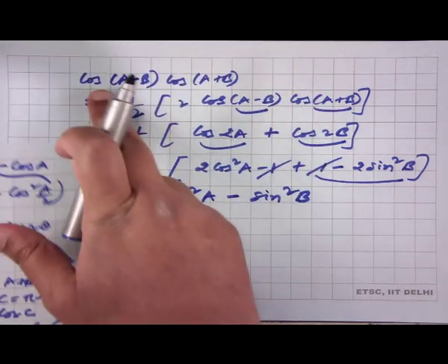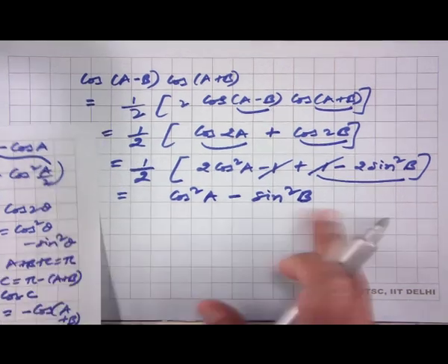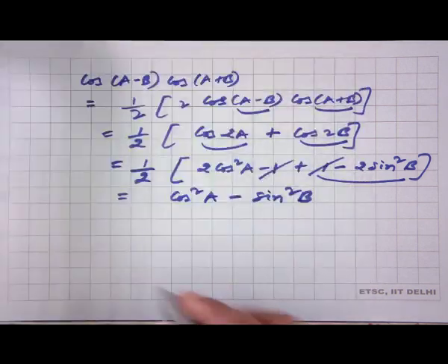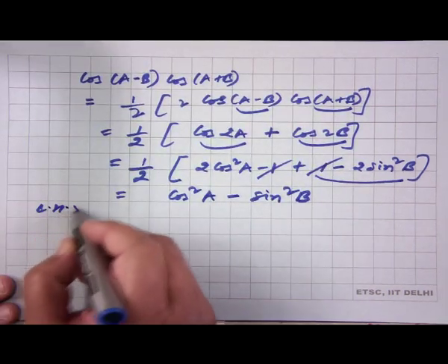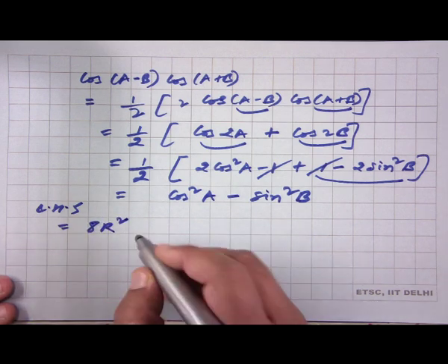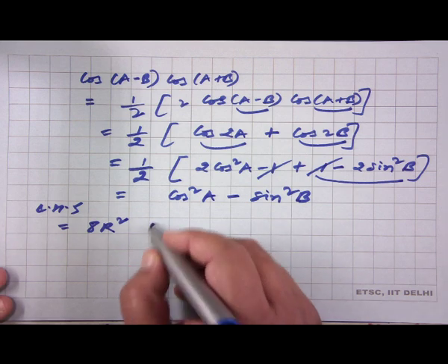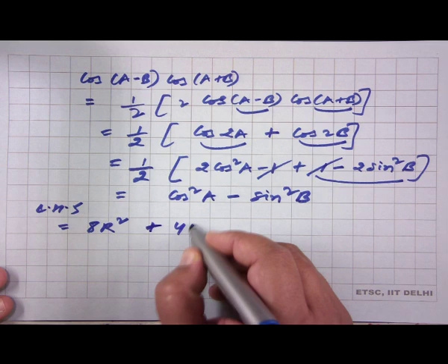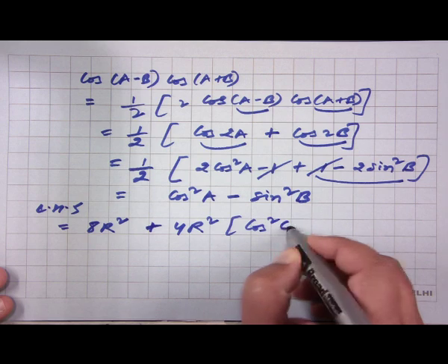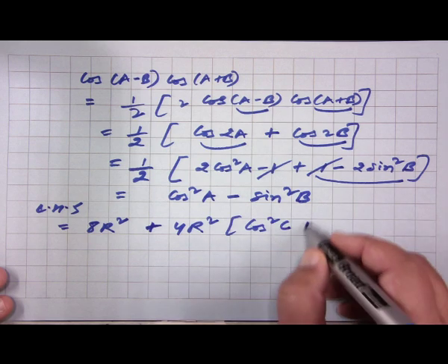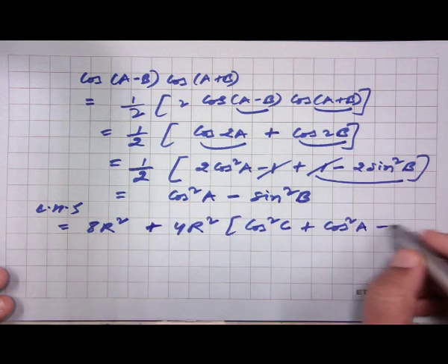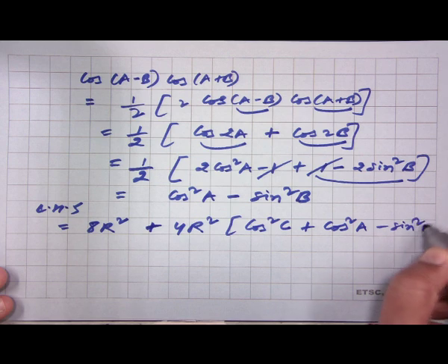And then of course, we will use this expression over here, and then we get the left hand side to be equal to 8r square plus 4r square into cos square c plus cos square a minus sin square b.